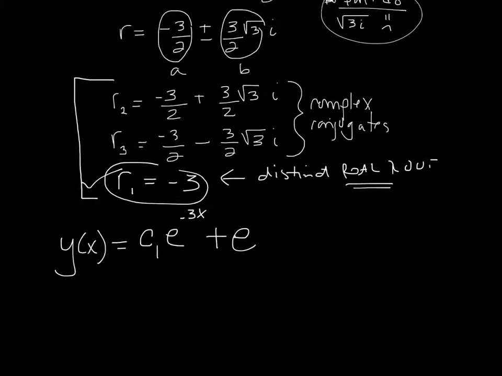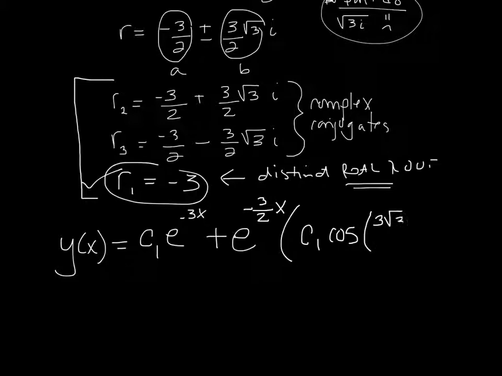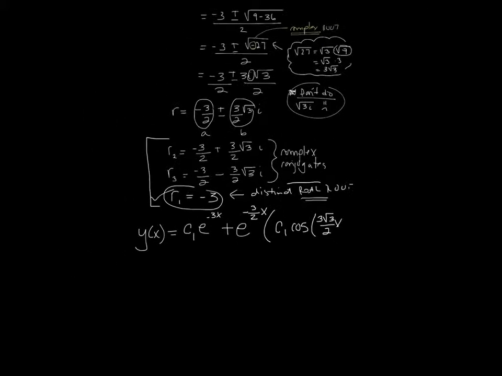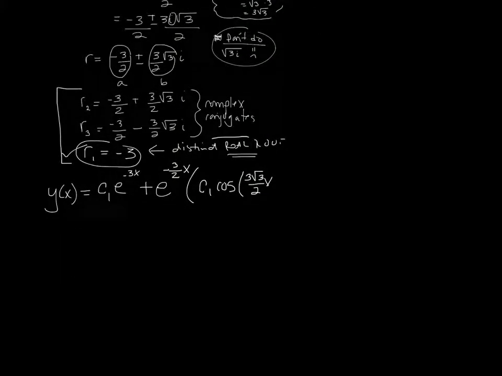So ax is negative 3 halves x, times C1 cosine of bx, where b is in parentheses, plus C2 sine of bx.